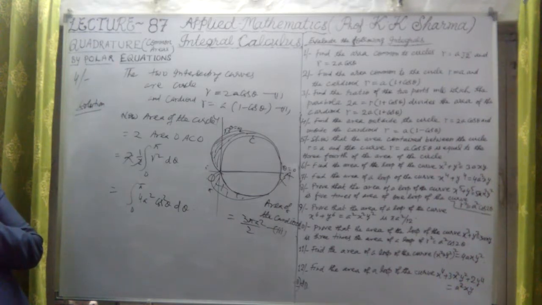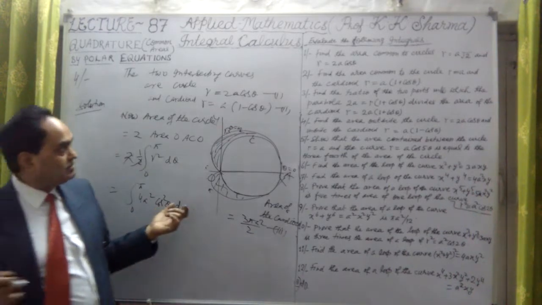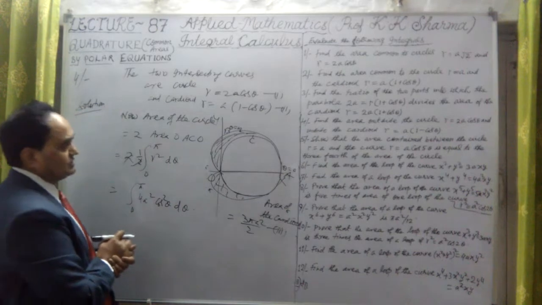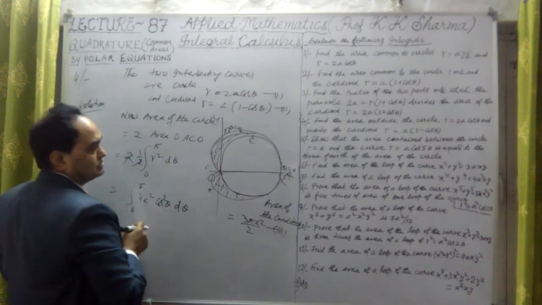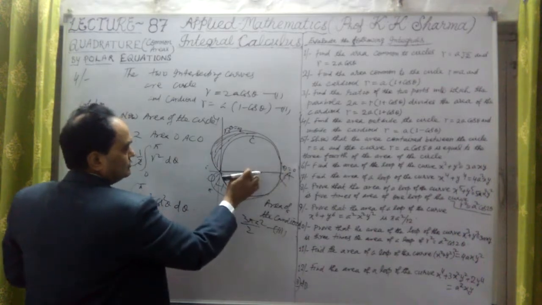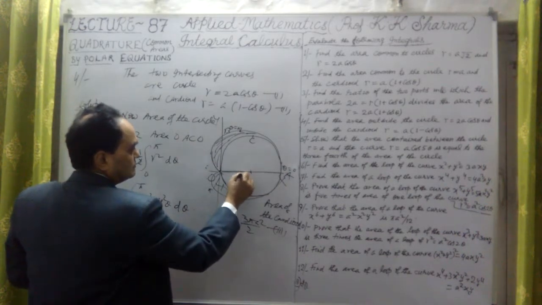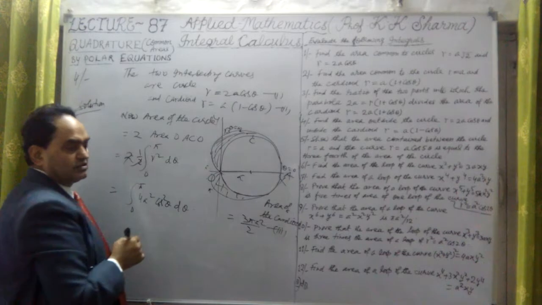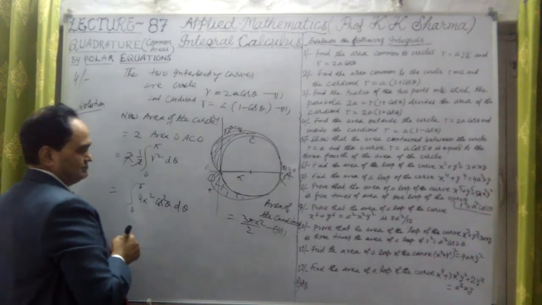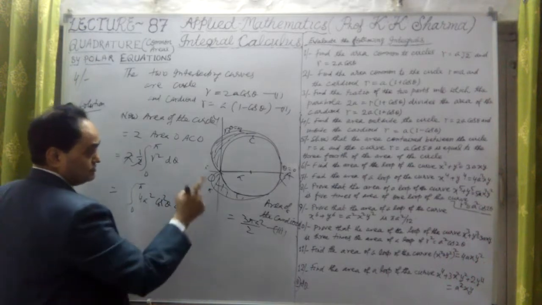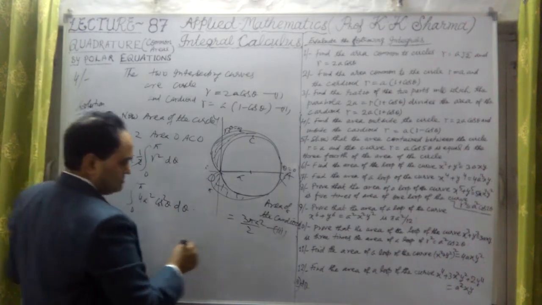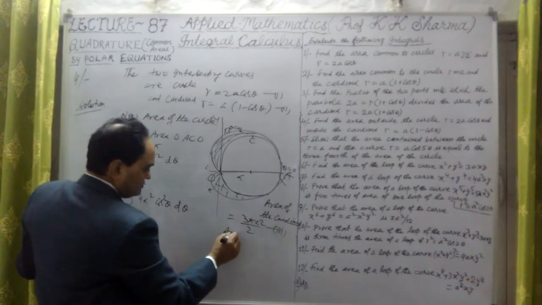Area of the circle is, or we can find out just directly what the area of the circle is here. Diameter is r equal to 2a. So total R is equal to 2a. So radius is a here. So area is pi a square only.